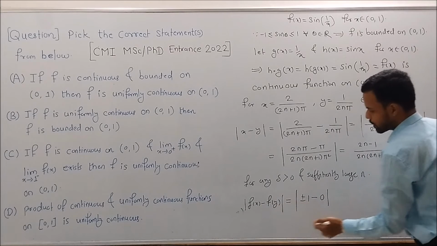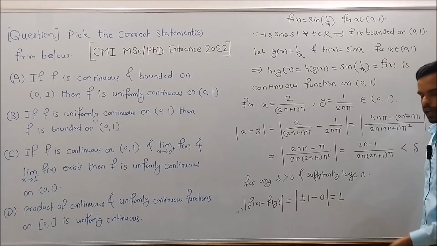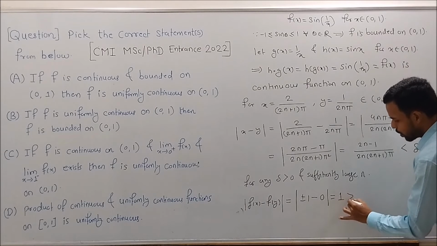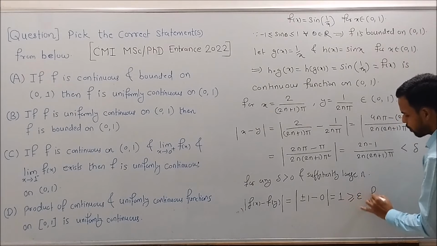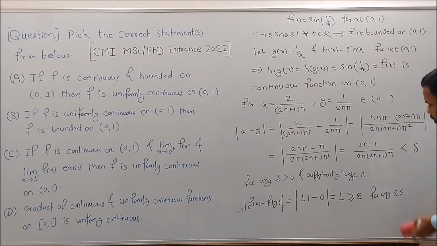So mod of f(x) minus f(y) equals 1, and this is greater than or equal to epsilon for any epsilon less than or equal to 1, or we can choose any value of epsilon. So for epsilon equals 1 by 2.